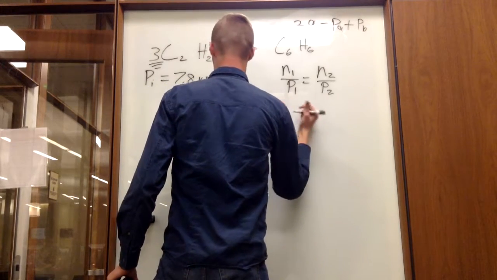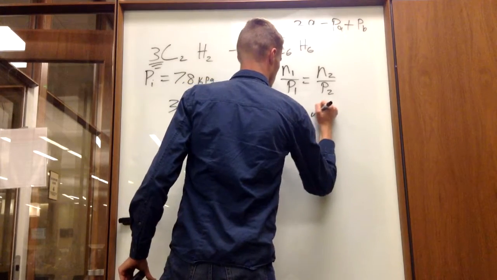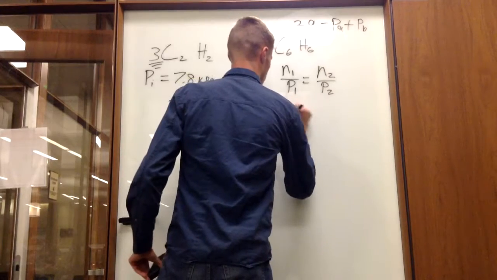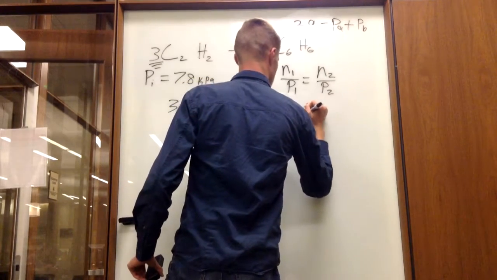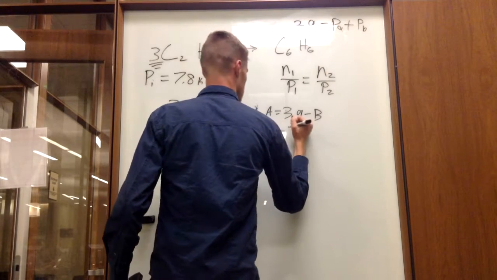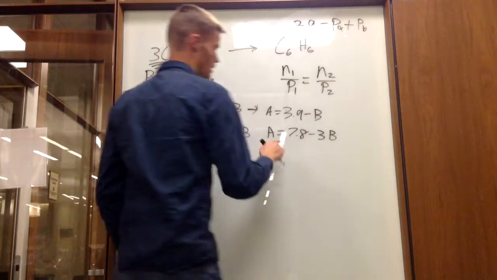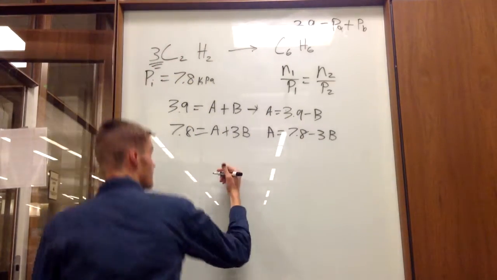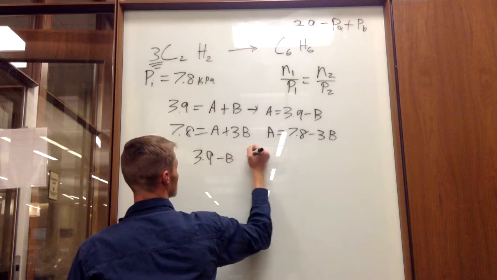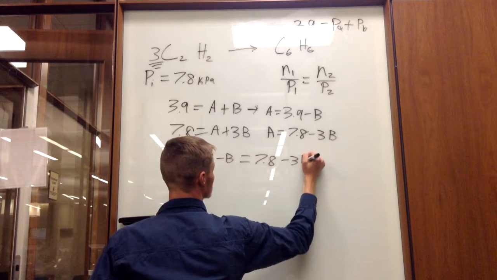A is equal to 3.9 minus B. We can also say that A is equal to 7.8 minus 3B. We can set those two equal to each other. So 3.9 minus B is equal to 7.8 minus 3B.